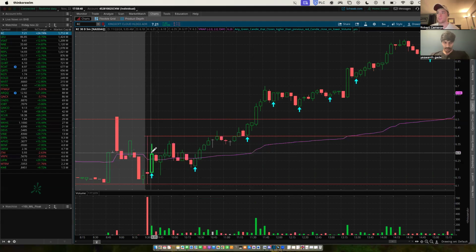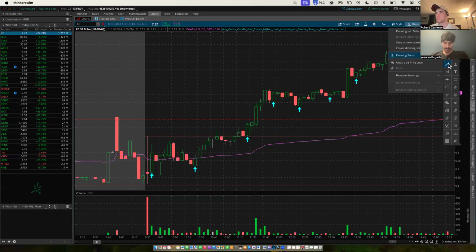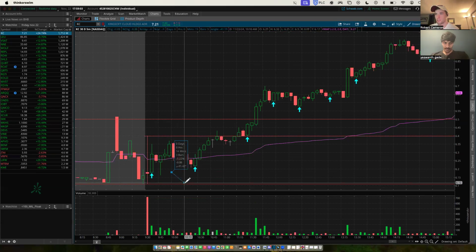So after this reversal pattern and the pullback, you're risking from 617 to 611 and hoping the first sell into 640.